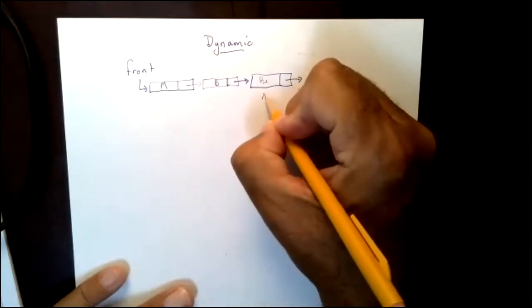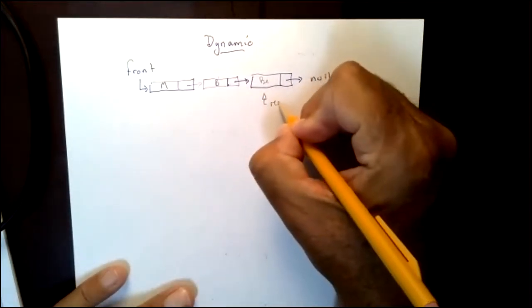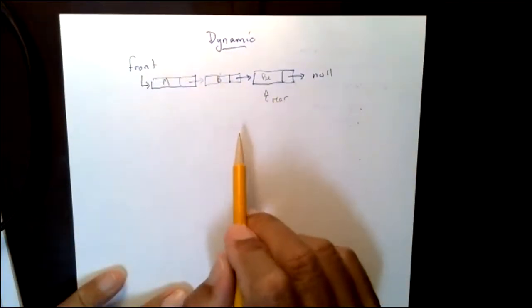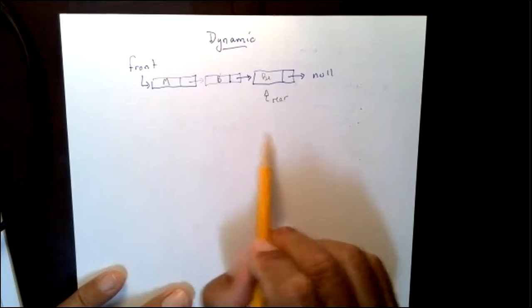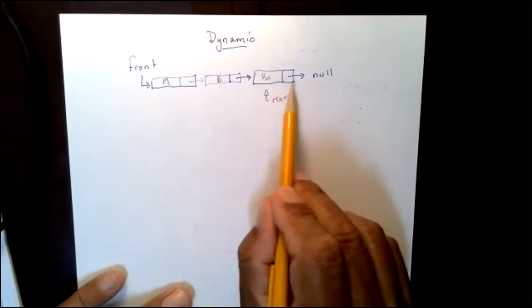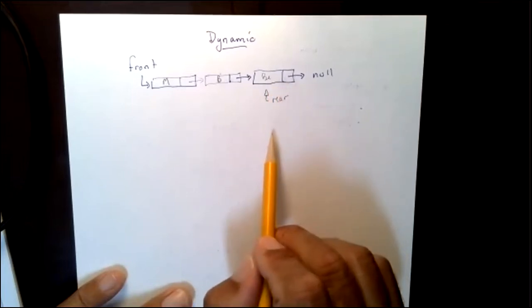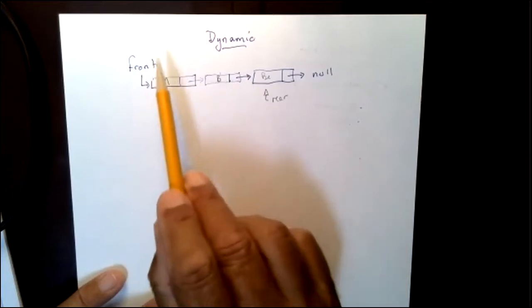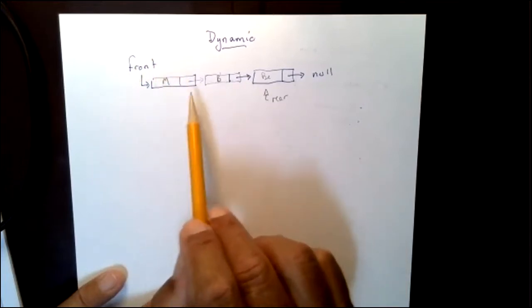Yeah, I think we're going to actually put another pointer in and keep track of a pointer to the rear. So if I wanted to add something new, I take the new node and say rear's pointer points to the new node. Oh, that would be kind of easy, wouldn't it, to add to the end? I'd have to check to see if it's empty first and take care of it that way.